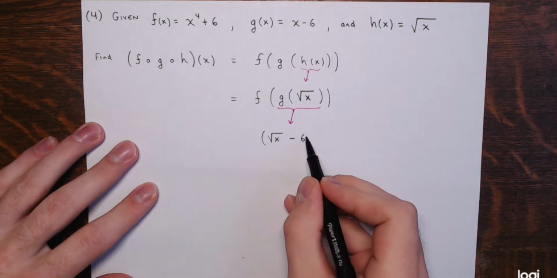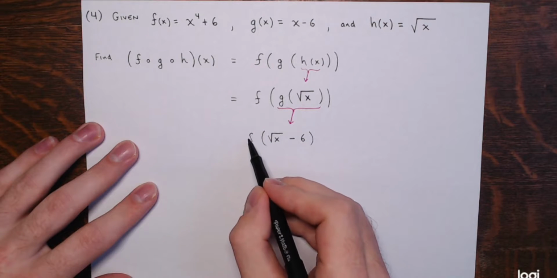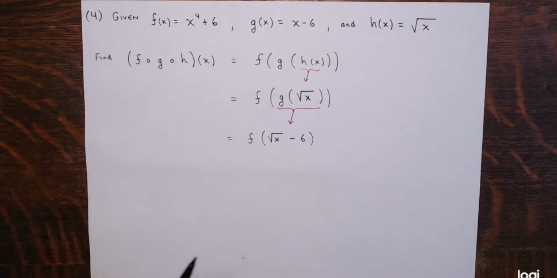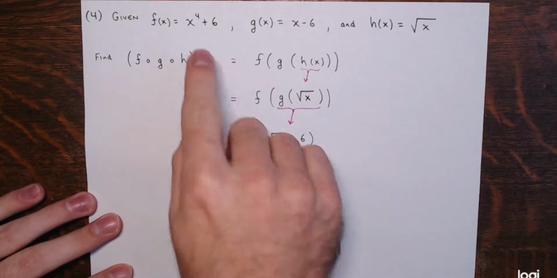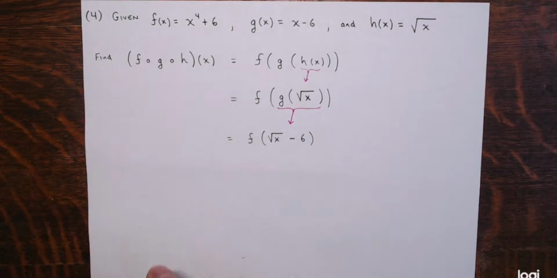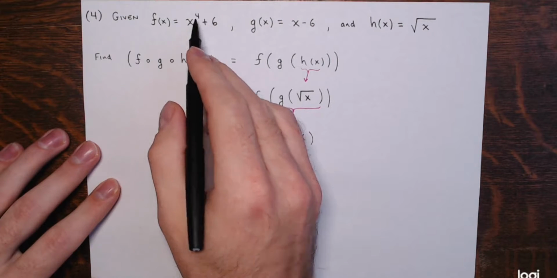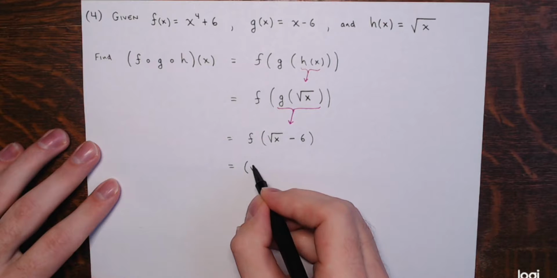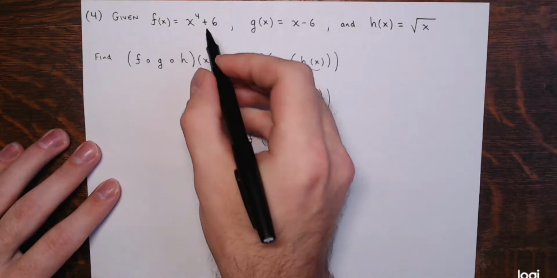And then I take this and plug it into f. So now we're taking f of the square root of x minus 6. So I go into f and replace x with the square root of x minus 6. So instead of x to the 4th, it's now this: the square root of x minus 6, to the 4th, and then plus 6.